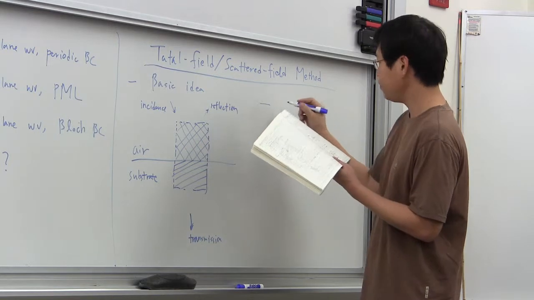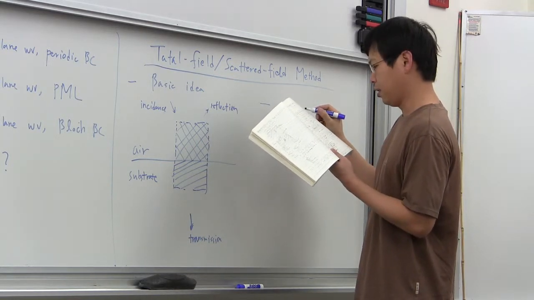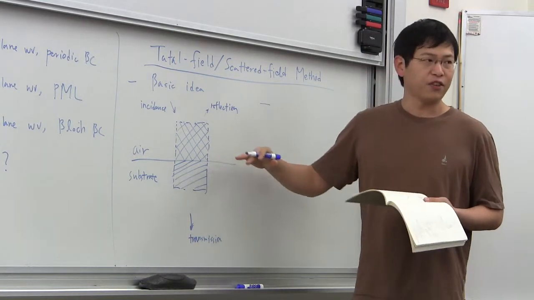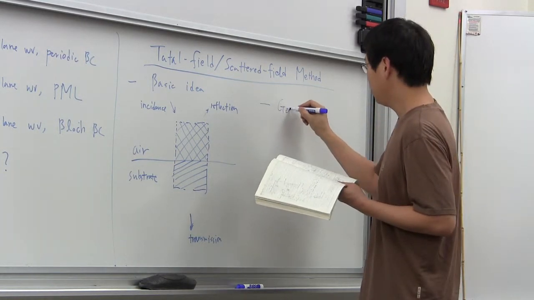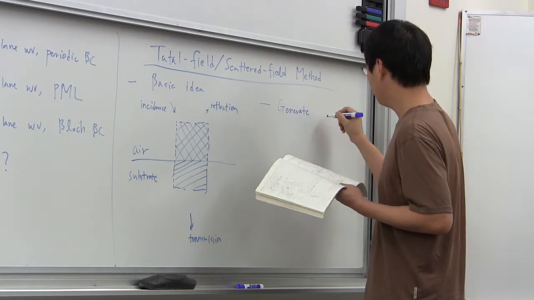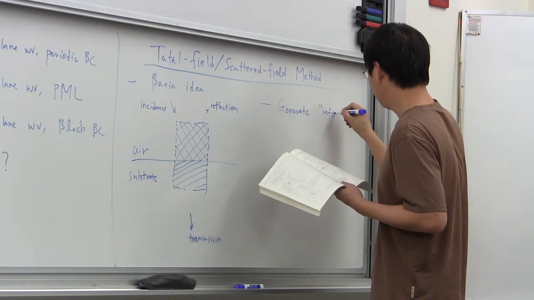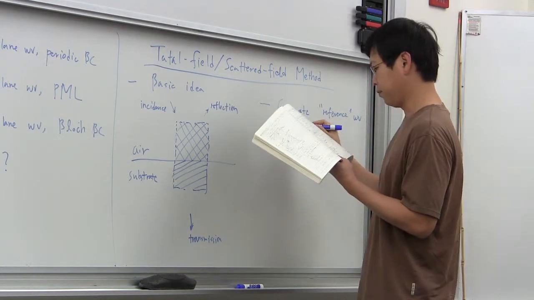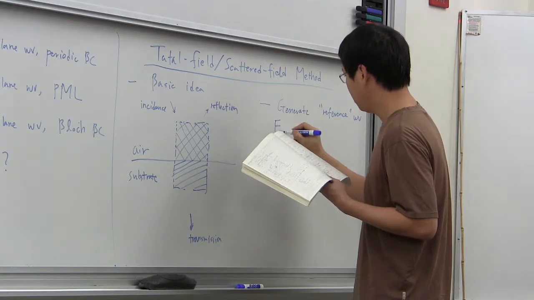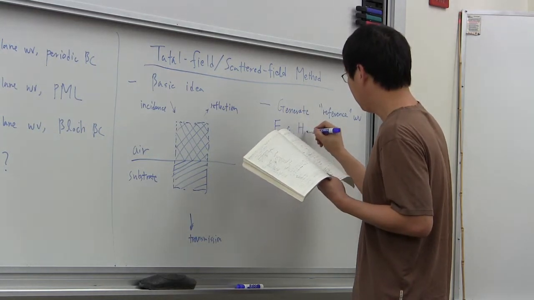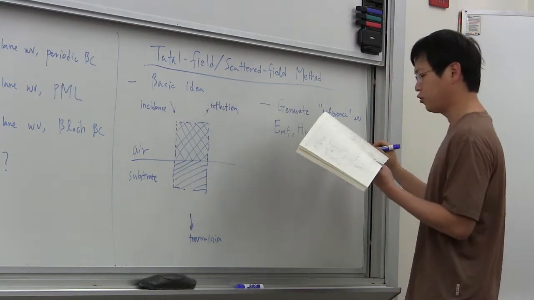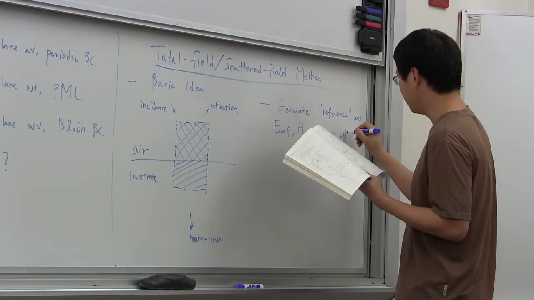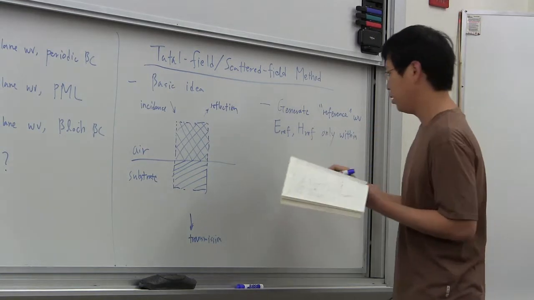So we'll call this a reference wave. So generate reference wave, E_ref and H_ref, only within region 1.